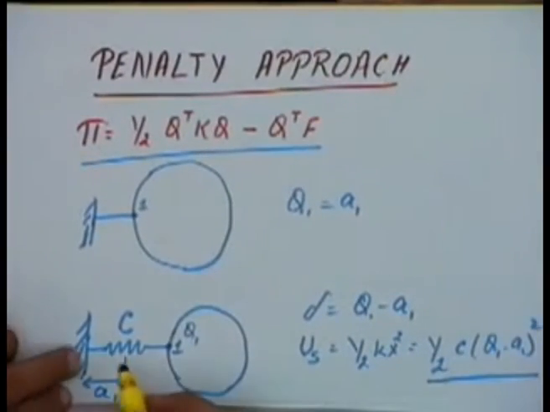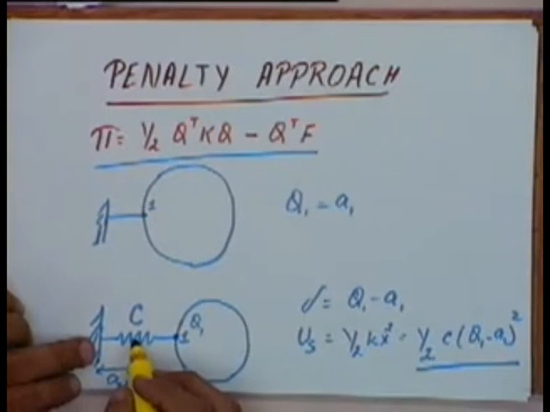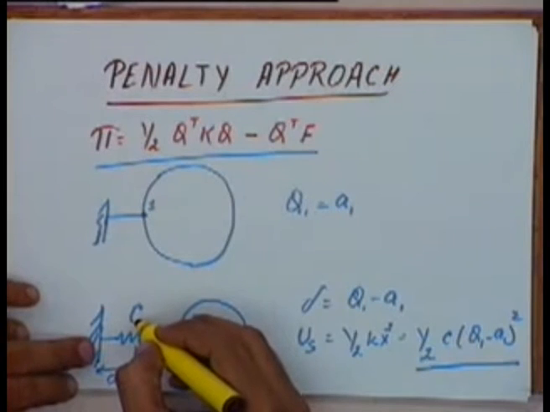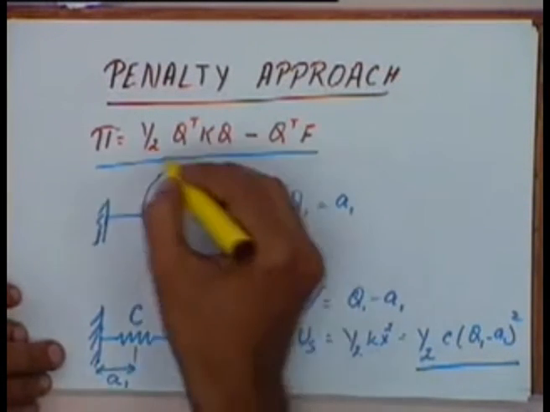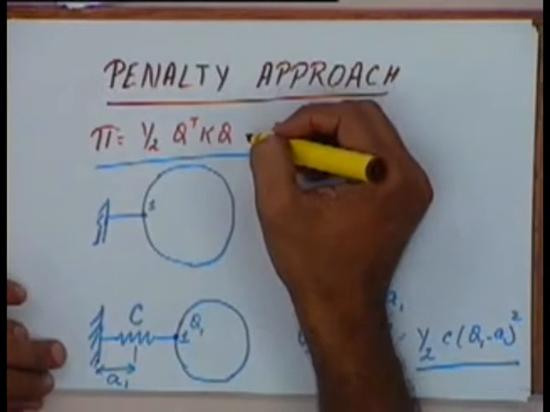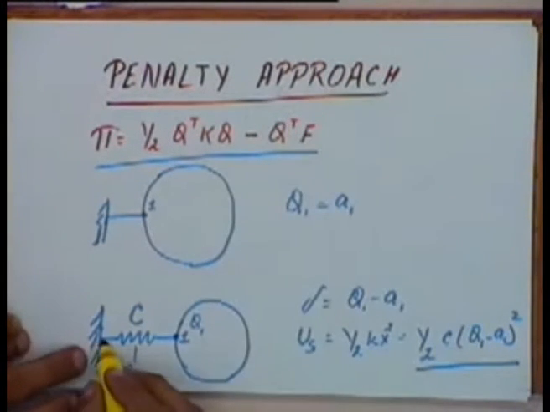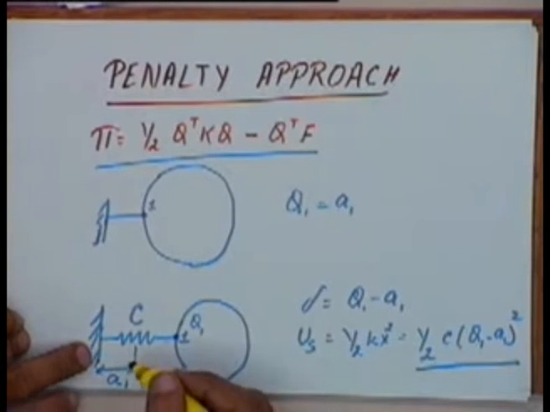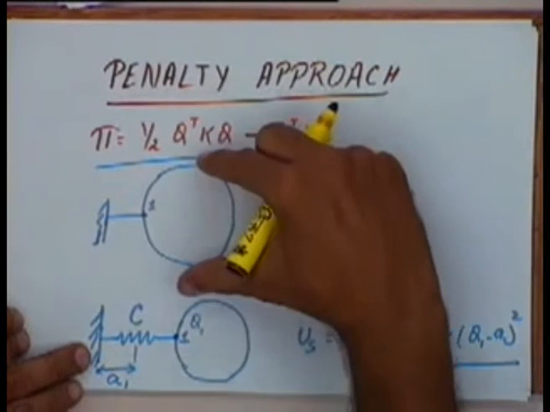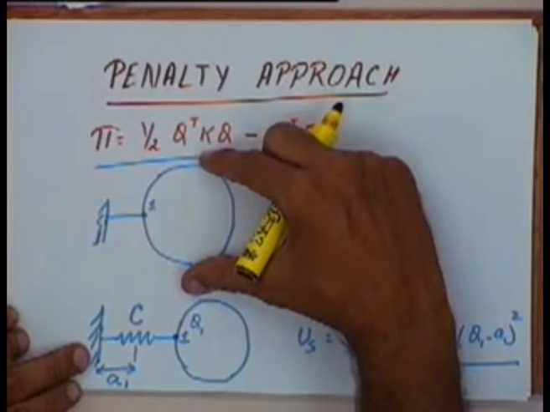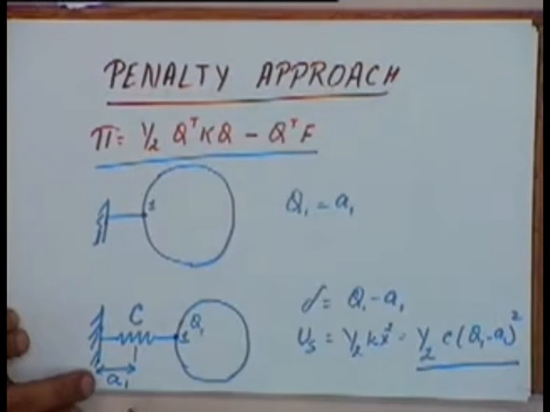Essentially what we will say is that if I take this spring and make it very stiff, as C approaches infinity, this system will approach this system. As this spring becomes very stiff, this system will be almost the same as this system, because then I will essentially get Q1 equal to A1.